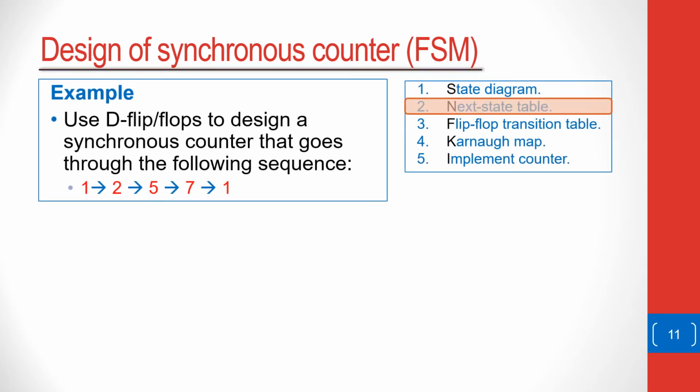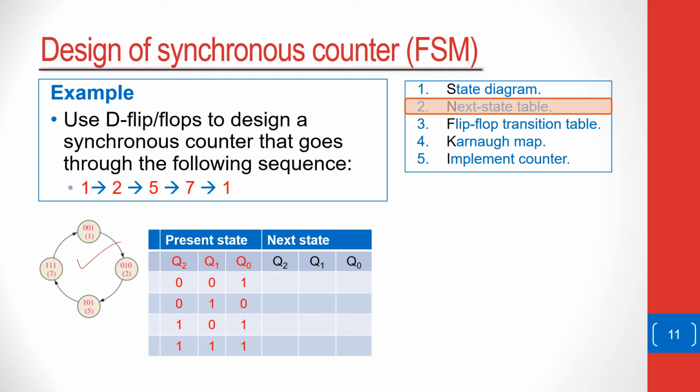So the next step is step number 2, where we derive the next state table. We have already drawn our state transition diagram. Now the current step is for us to draw the state table. The way you draw the state table is simply as shown here.